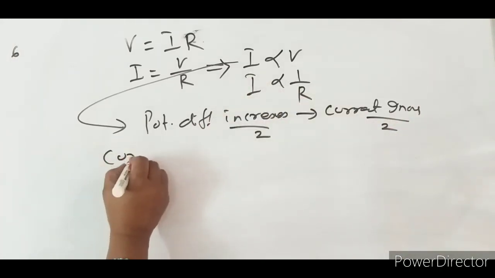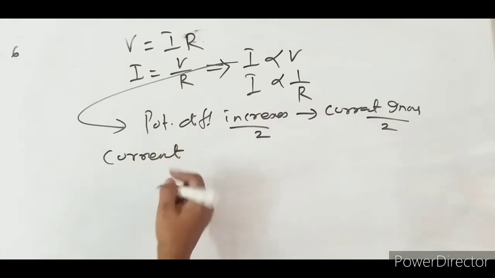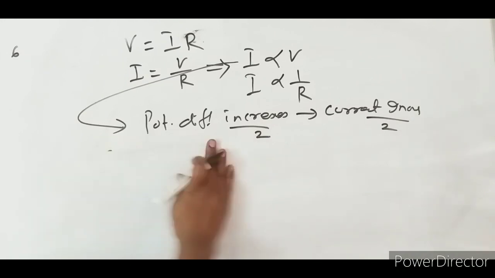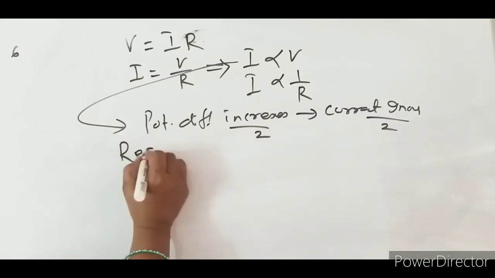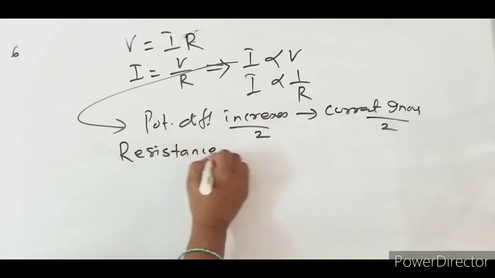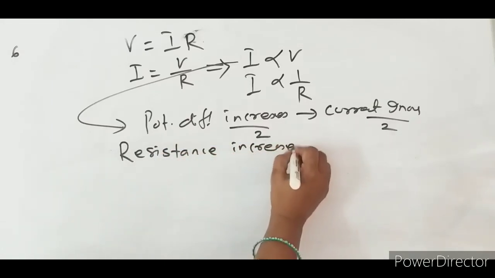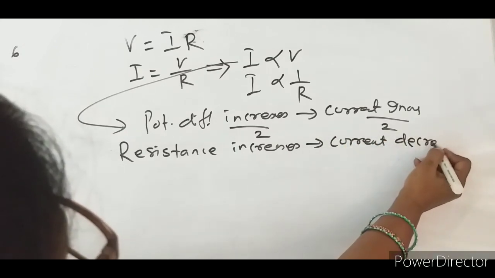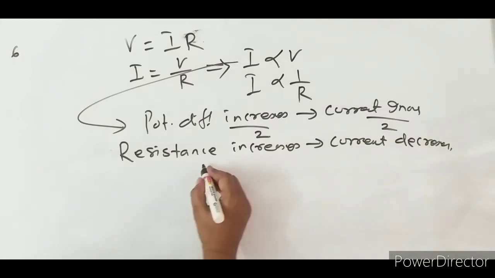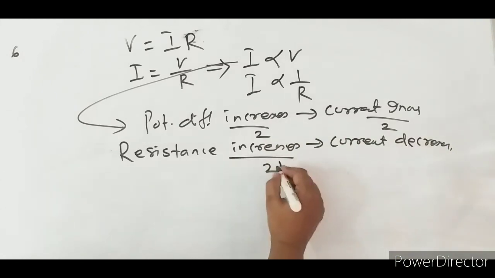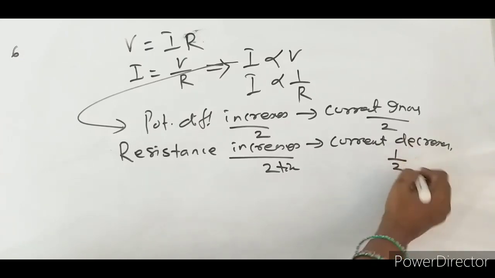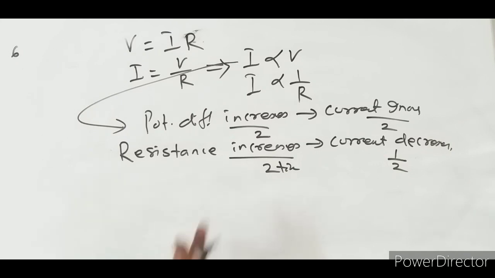If resistance increases, current decreases, and vice versa. If resistance increases 2 times, current will become half.